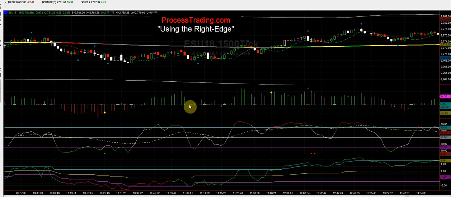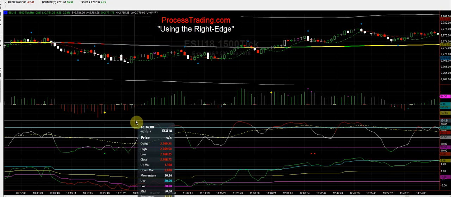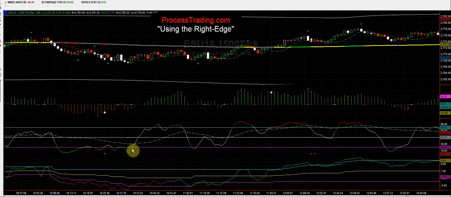Now, if you look at those cycles from a cinnamon oscillator standpoint, I'll do the other two indicators very quickly here. From a cinnamon oscillator standpoint, the up cycle started right here, where momentum crossed the cinnamon line.